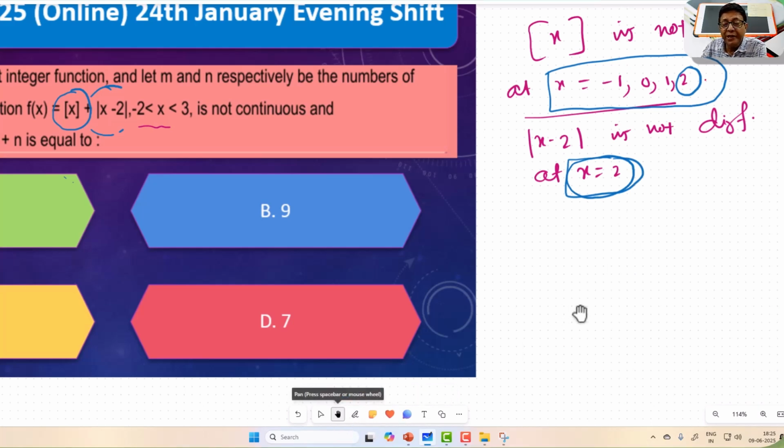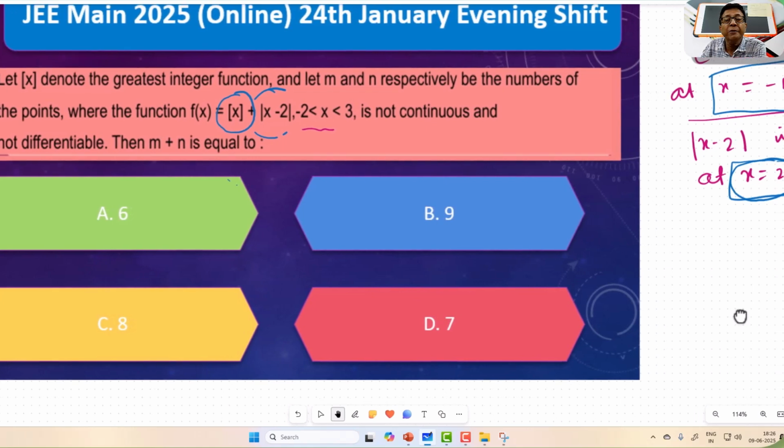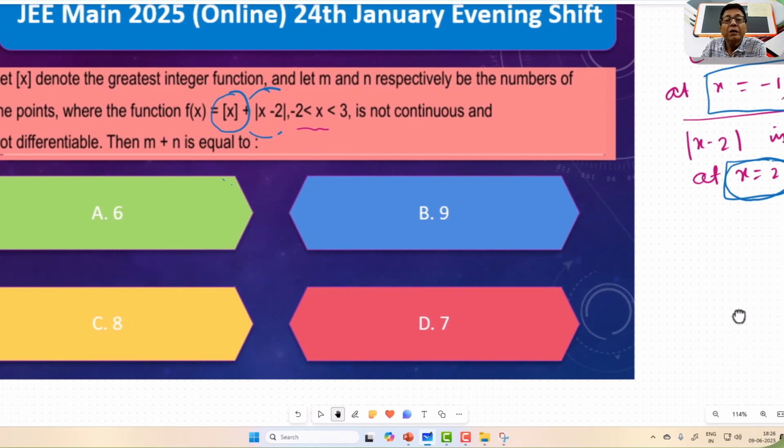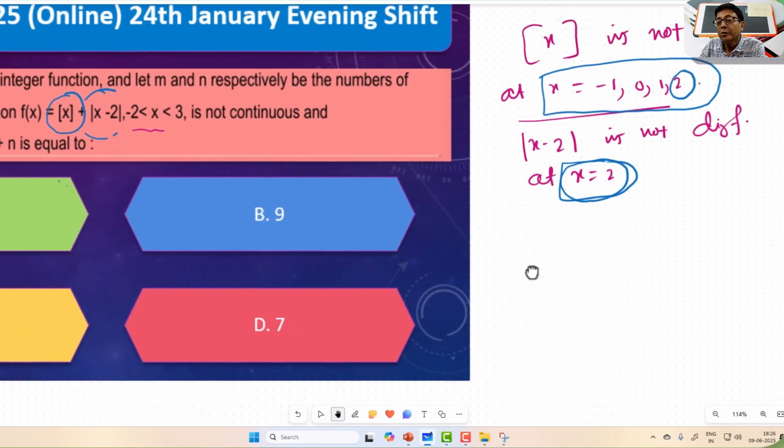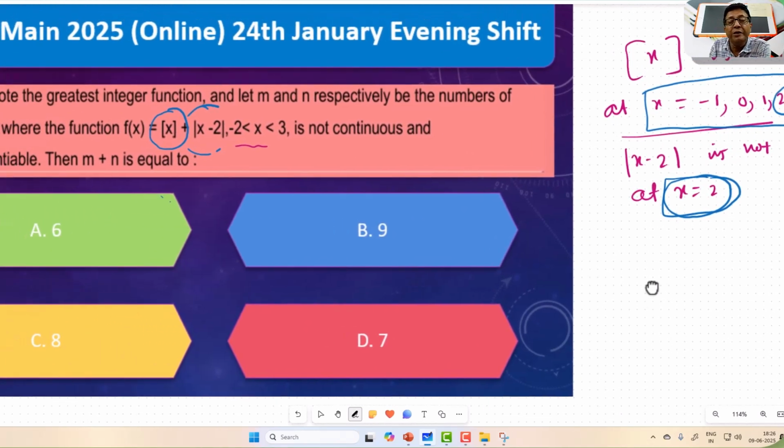M stands for the number of points where the function is not continuous, and n stands for not differentiable. We have just got the 4 points. So m is 4, n is also 4. Then m plus n is equal to 8.